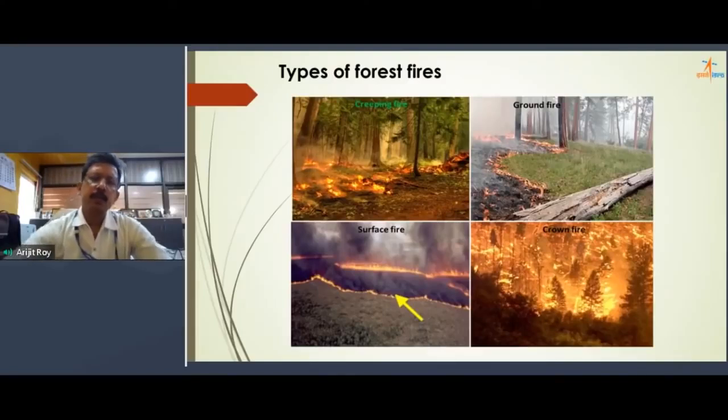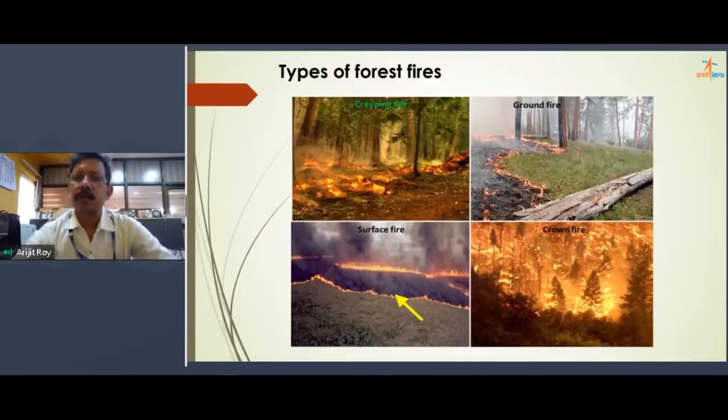And you have a very thick, almost 20 to 30 centimeters of dead and decaying organic matter on the forest floor. So when the fire occurs beneath it, we are not able to see the forest fires. They just creep along the ground, and in some of the areas, flame just comes out from the ground.